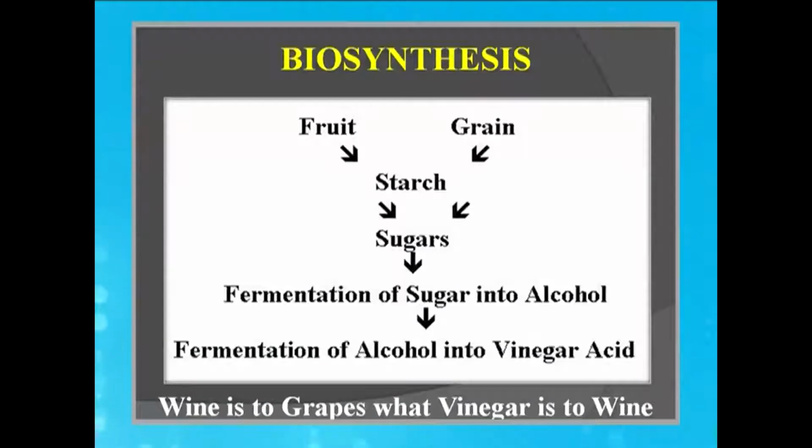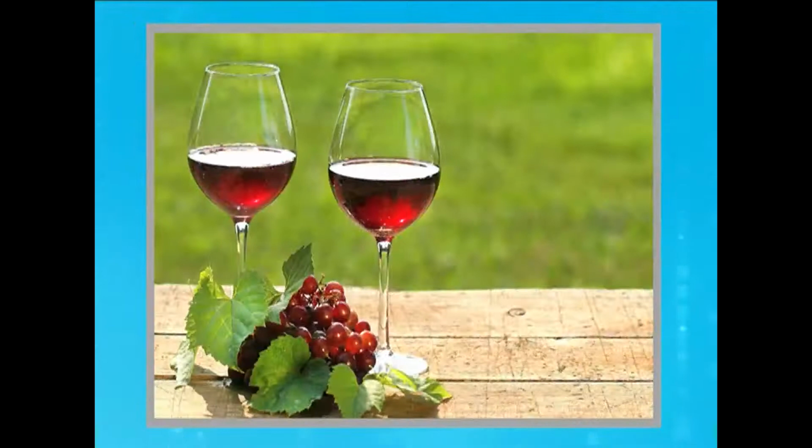The final stage of alcohol being converted to vinegar is what we are discussing here, which are actually using the Acetobacter organisms. Now, we can say that wine is to grapes what vinegar is to wine, because grapes are the substrates used for production of wine. Once you have the wine prepared, you can use it for producing vinegar.